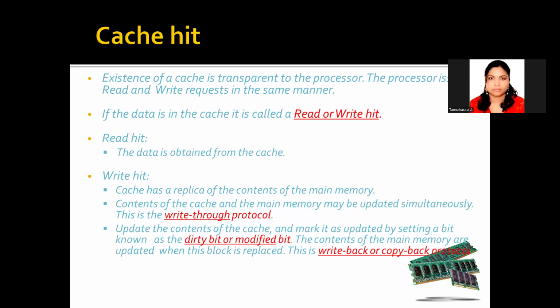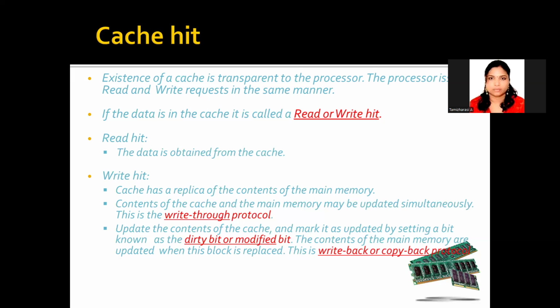When you make any updates to the data, we have to make it available in both the cache memory and the main memory. If you are modifying the contents of the cache memory and the main memory simultaneously, we say it is a write-through protocol.